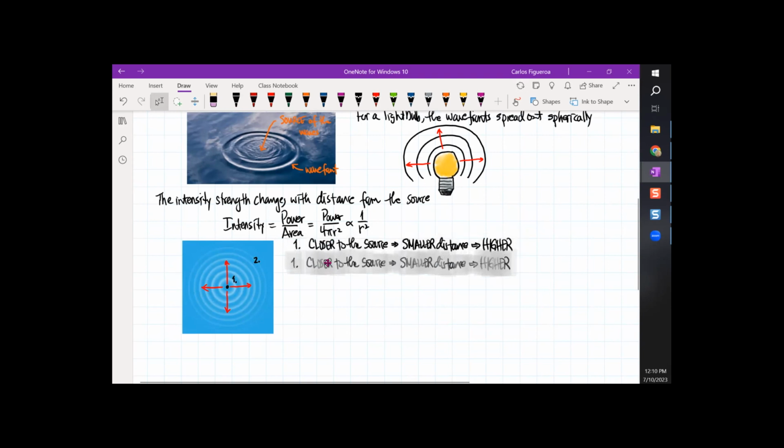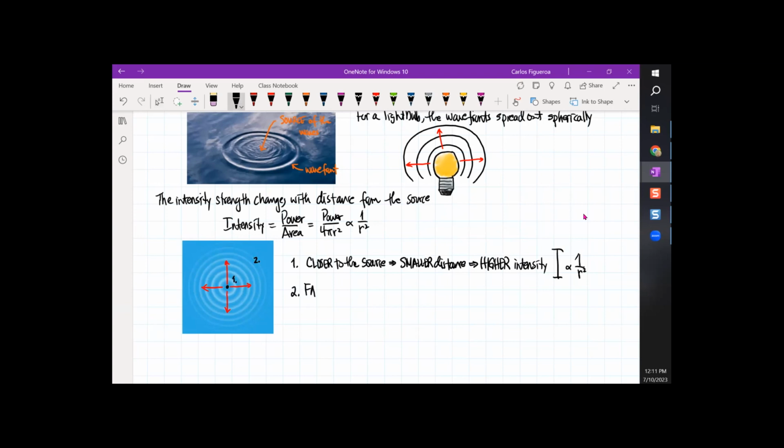So if I move this down right here, if it has a higher intensity, which really tells us that because it's proportional to 1 over r squared, this intensity is large because the distance from the source is small. On the other hand, if I look at point 2, this is farther from the source.